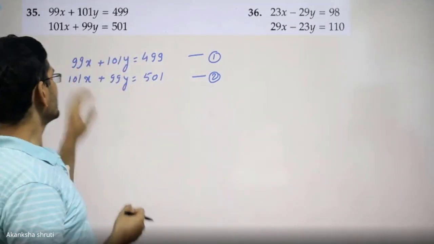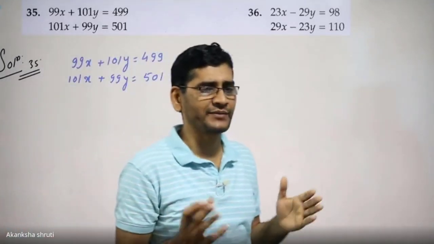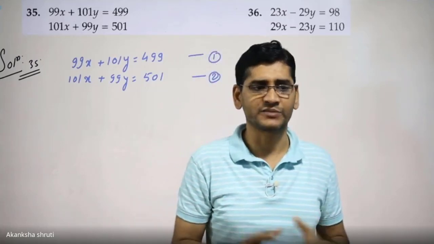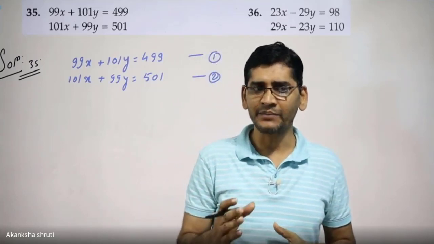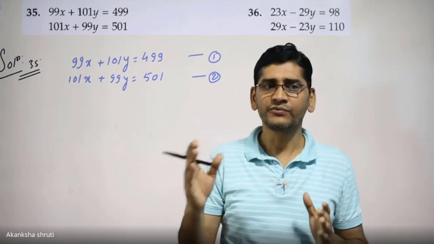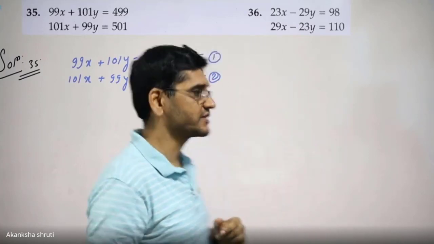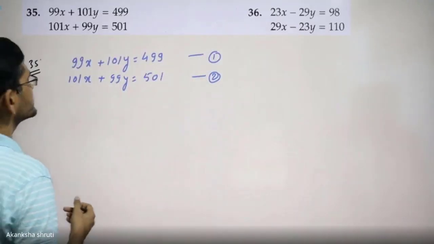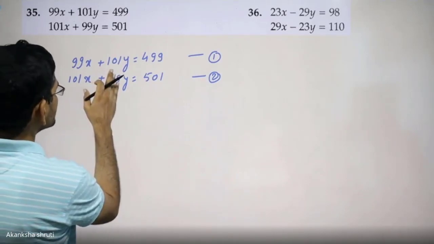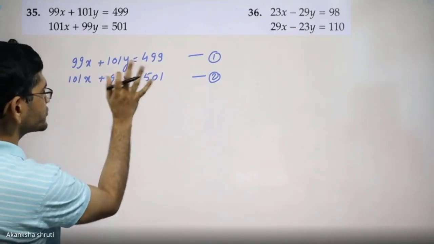Students, though this x and y can be determined by the conventional method of eliminating the coefficients, or cross multiplication, or by substitution, but at that time the calculation becomes bigger. To avoid that, we have to do one more step. What is that step? See here, students, observe such a question where to apply this trick.